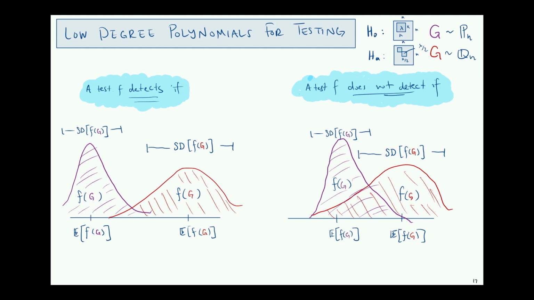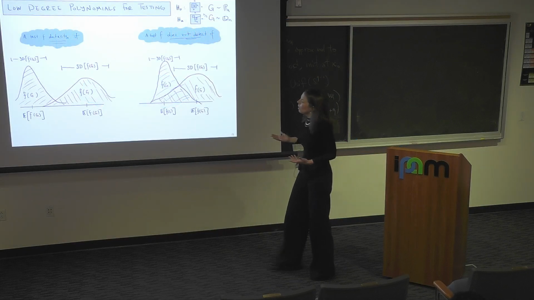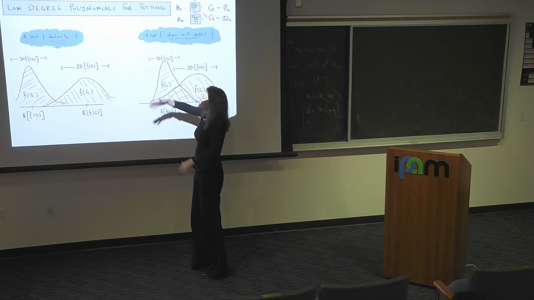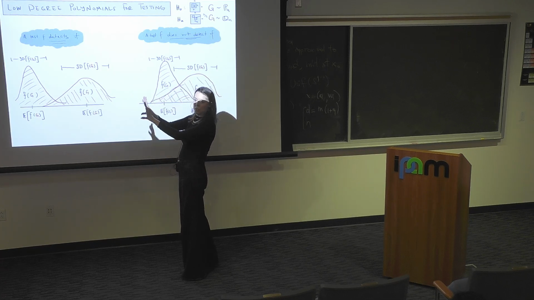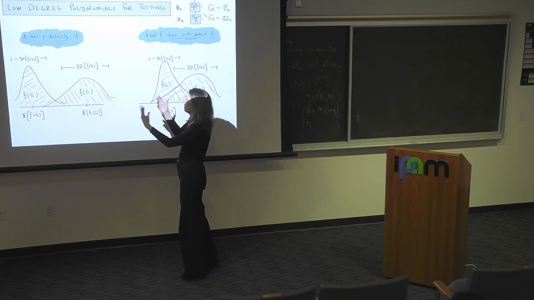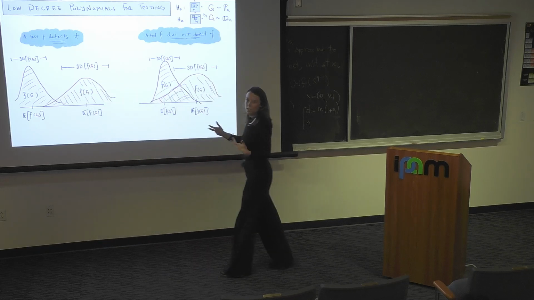So, if I think of any polynomial f taking as input my adjacency matrix, then this is going to give rise to some sort of distribution, right? Because G was random initially. What is good is if we can find a polynomial such that these two distributions have means that are separated, in a way that the separation of the means is larger than the fluctuation within each of the distributions.